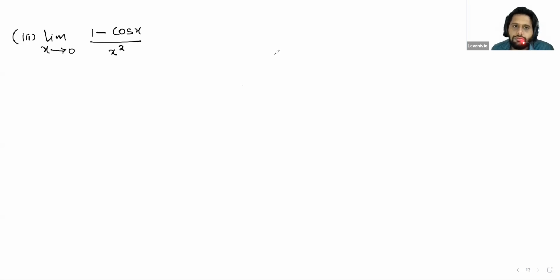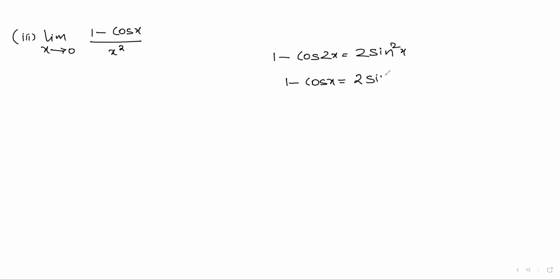Same formula. sin स्क्वायर x। 1 minus cos 2x is equal to 2 sin square x. ठीक है, एंगल हाफ हो जाएगा. So 1 minus cos x है, then what is the formula? sin स्क्वायर x। 2 sin square x by 2. Okay, एंगल हाफ हो जाता है. ओके सर। Okay, so please continue this.